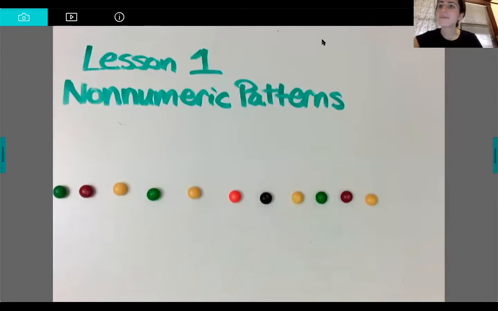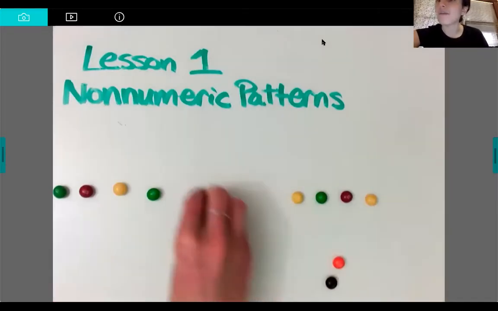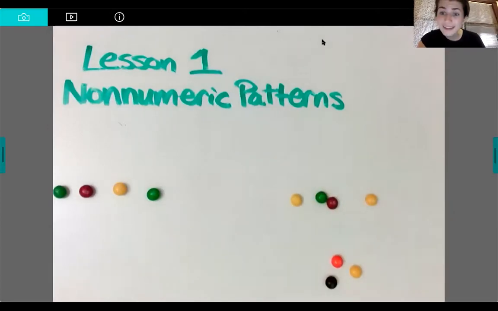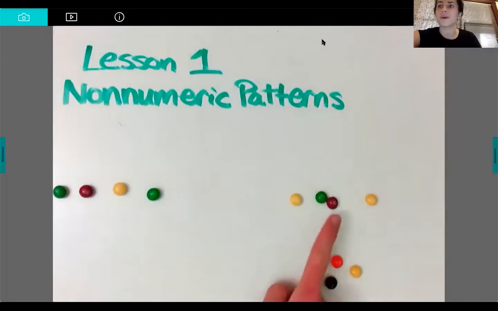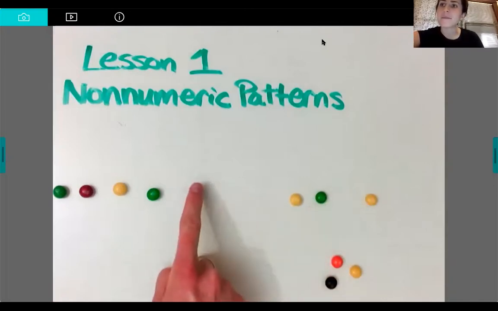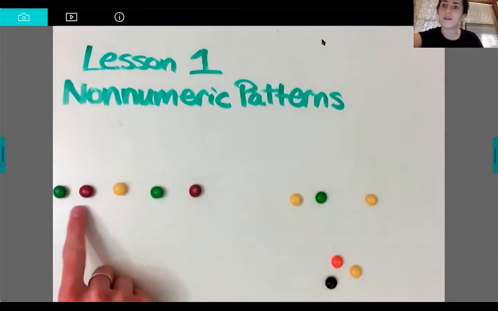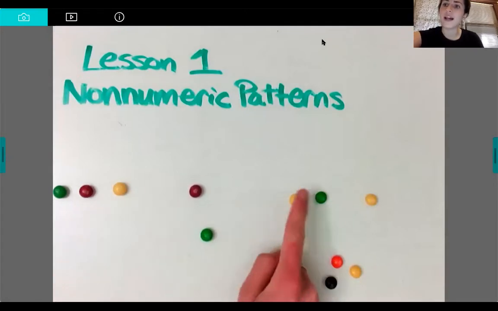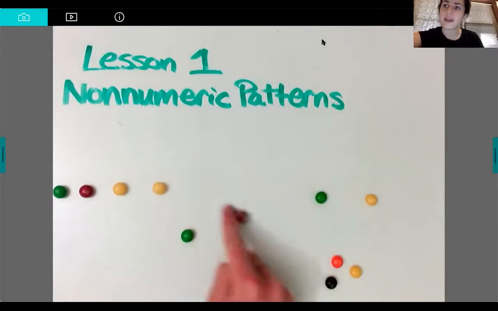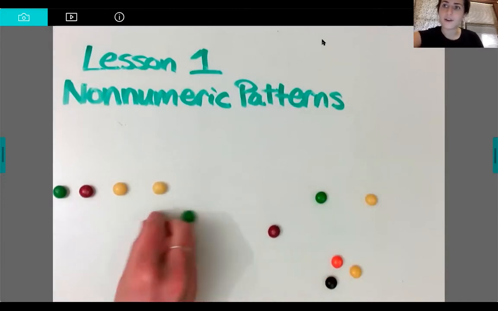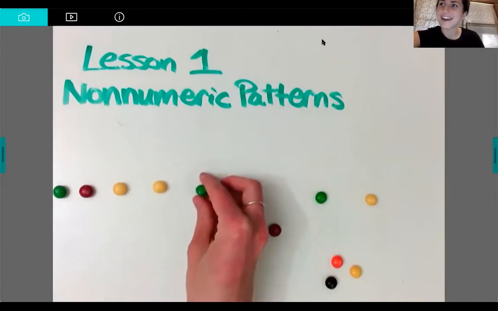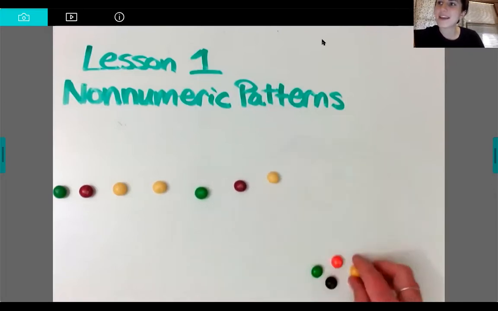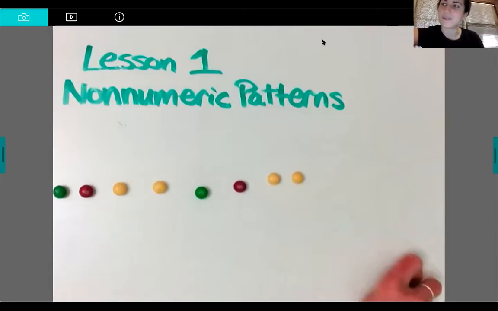Now, I could make a pattern if I rearrange some of my Skittles, and if you were in class, I would have you come up to the board and do this for me. So green, red, yellow. Let's do green, red, yellow, yellow, and then green, green, red, yellow, yellow, and then these buddies will be extra.